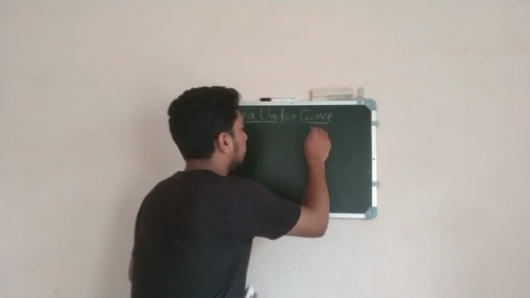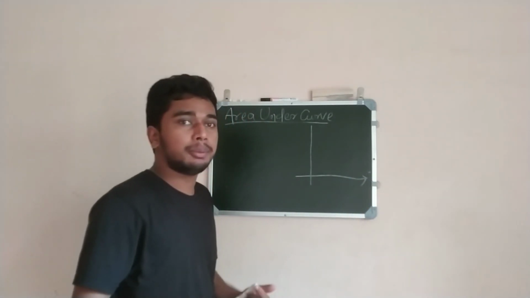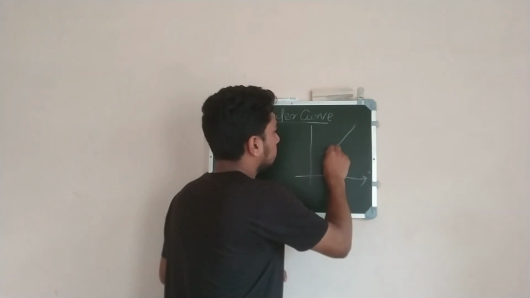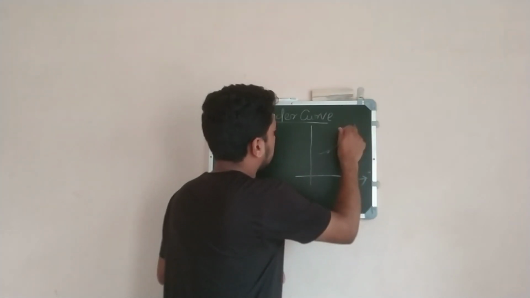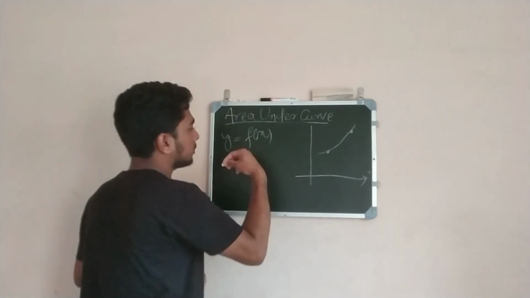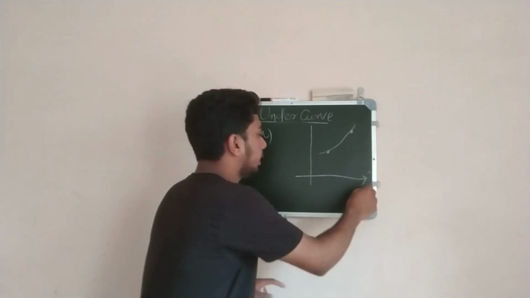In the previous video, I discussed integration, the geometrical meaning of integration. So there is a curve, for example, y is equal to f of x. This is a curve, and I have drawn it in the xy plane.